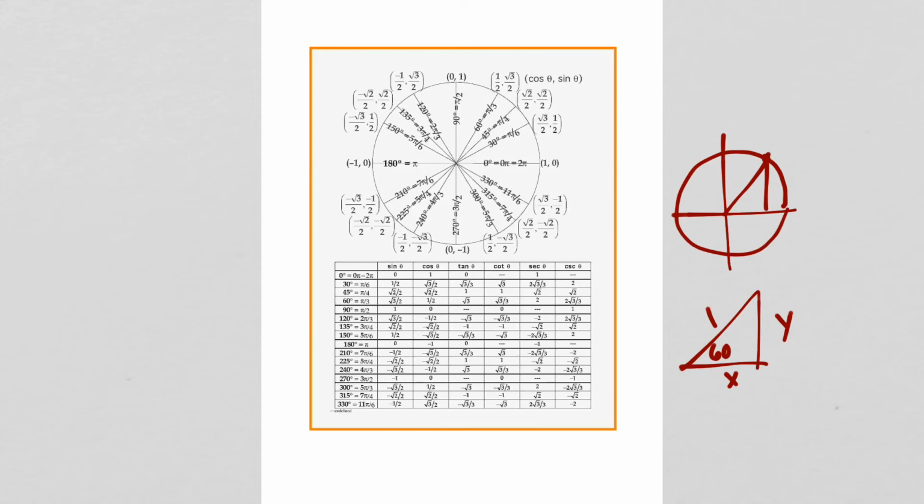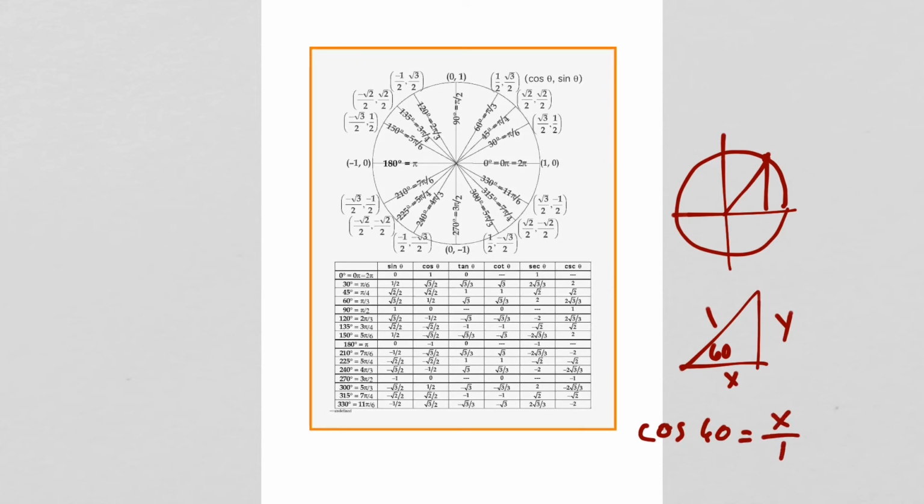So we've created this fraction from SOHCAHTOA. Say the cosine of 60 degrees is equal to x over 1.